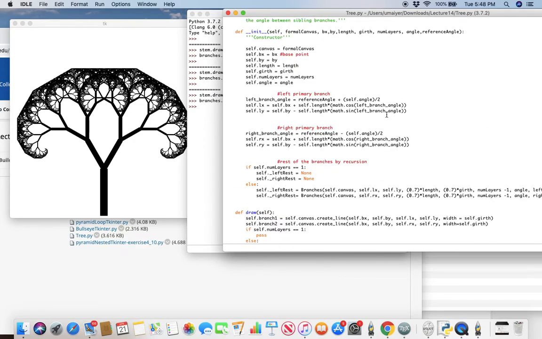And then with all that information, you have your instance variables, left branch, reference angle, plus this angle, half of it. Why half of it? Because if that's the reference angle, one half is here, the other half is here. So you're adding that angle for the left branch. For the right branch, you're subtracting that angle.